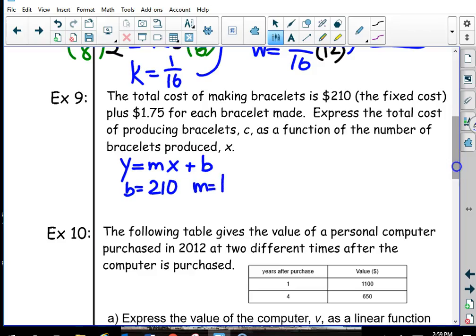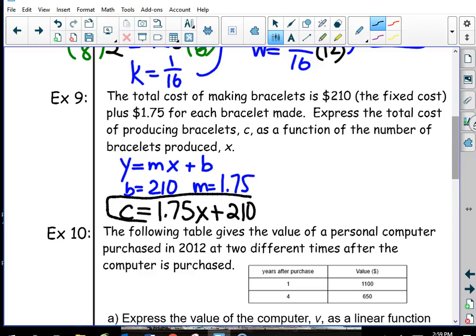So m equals $1.75, which gives us the equation. They want us to use C instead of y. So C equals 1.75x, that's the number of bracelets, plus $210. Okay, so there's our function.